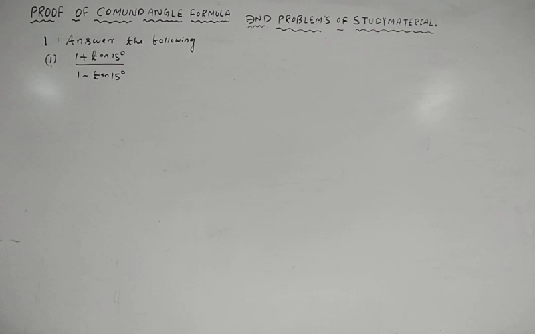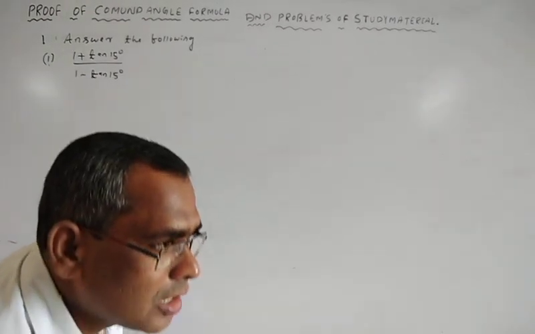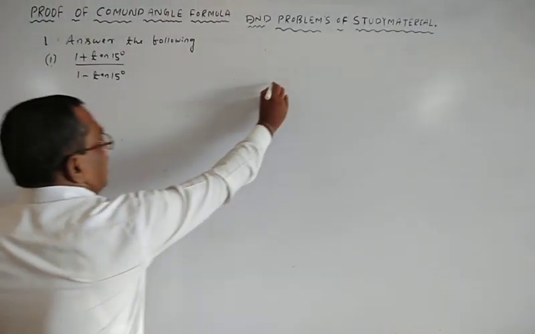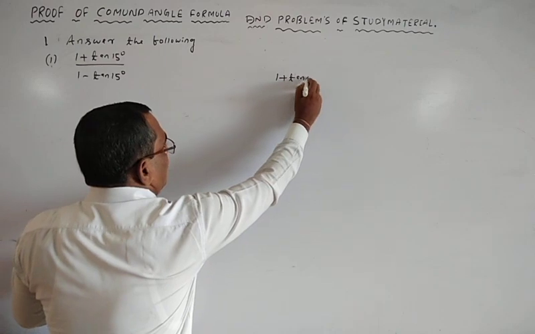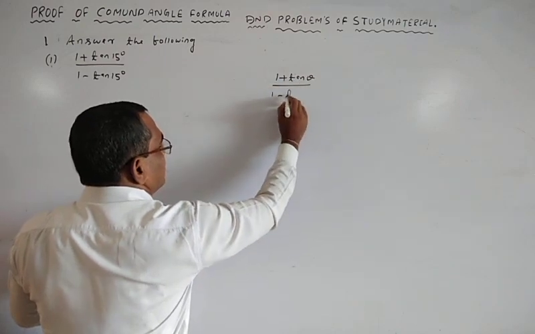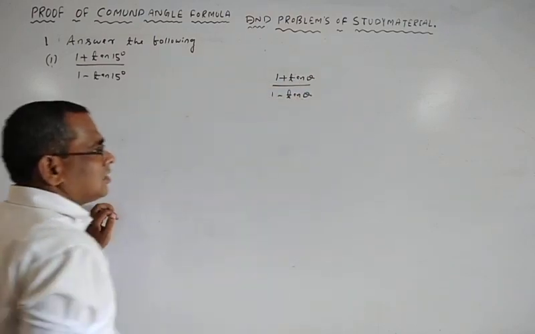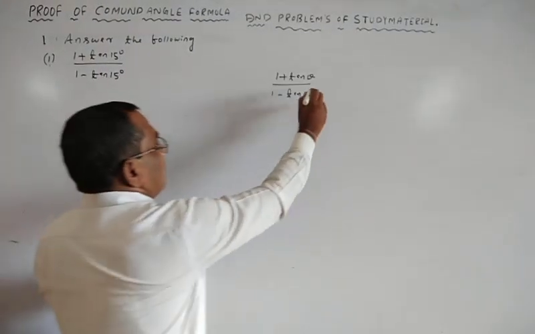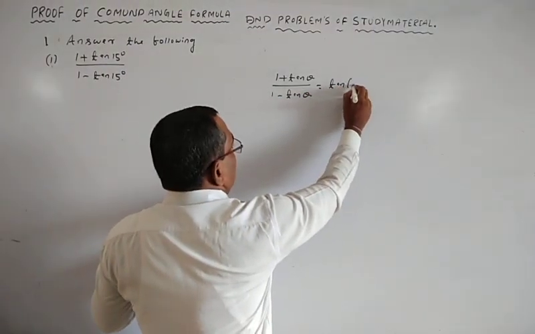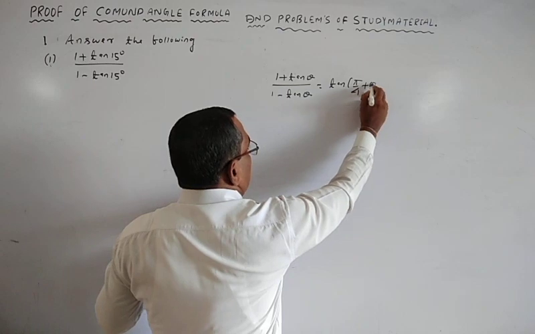You know 1 plus tan theta by 1 minus tan theta equal to tan of pi by 4 plus theta. There is a formula we discussed.